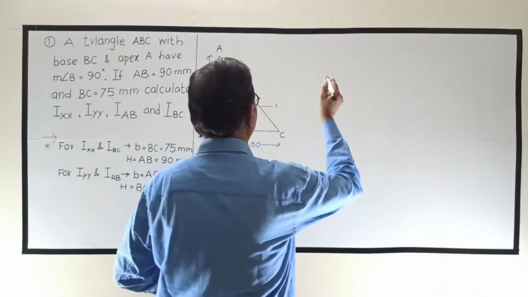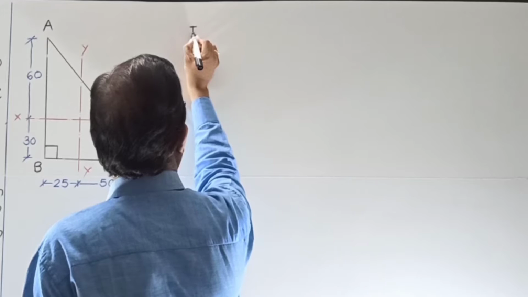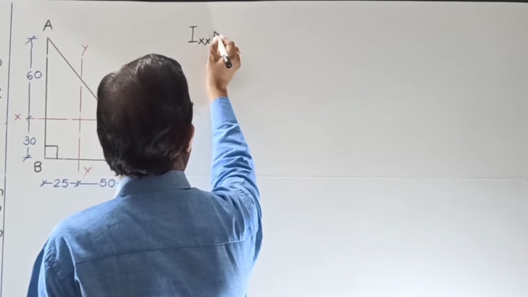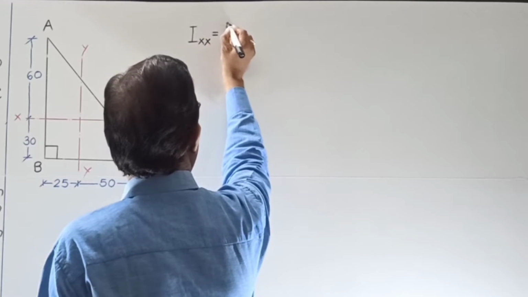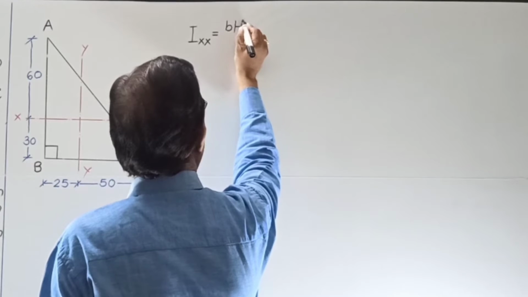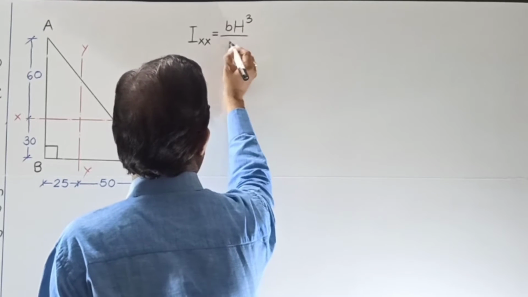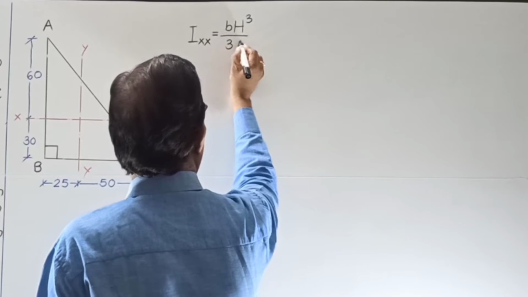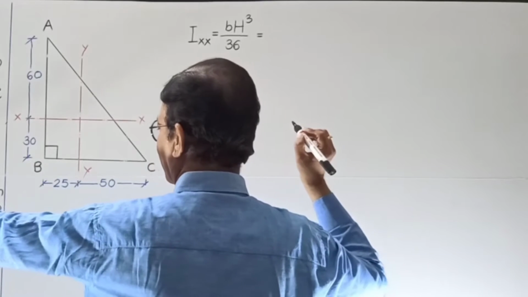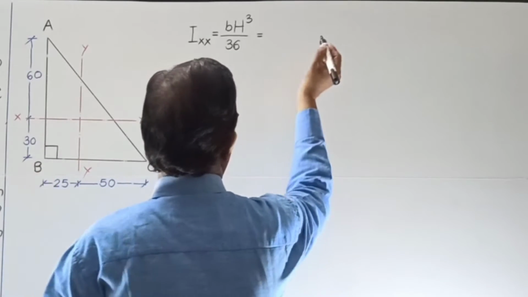Okay, so let us write first for IXX. Ixx is equal to B into H cube by 36. Now for Ixx, B is 75, H is 90.